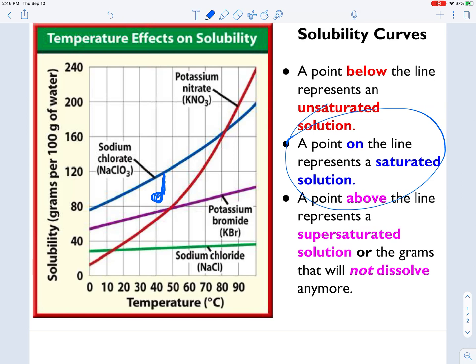So anywhere along any one of these lines, you have a saturated solution. That means you've got the maximum amount that you can dissolve. If you're below any one of these lines, like if I'm below the red line and I'm dealing with this red substance, which is potassium nitrate, I can dissolve some more before it becomes saturated.